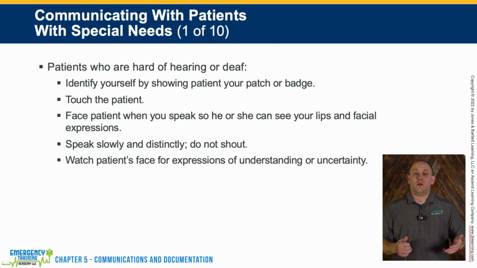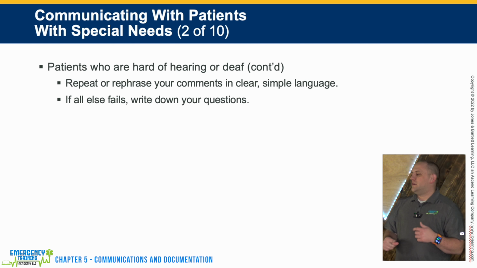And then speak slowly and clearly. We're not going to shout. This comes back to allowing them the process of trying to interpret what they are hearing, and to process the movements of your mouth so that they can piece it all together and understand what you're trying to say to them.